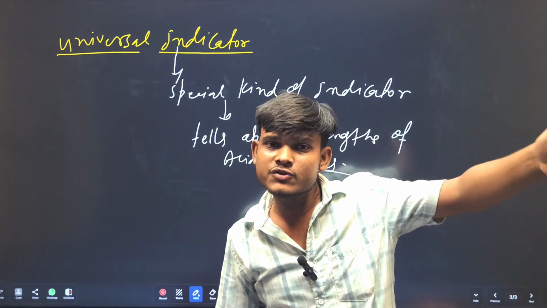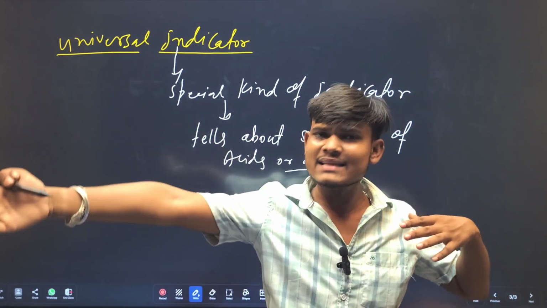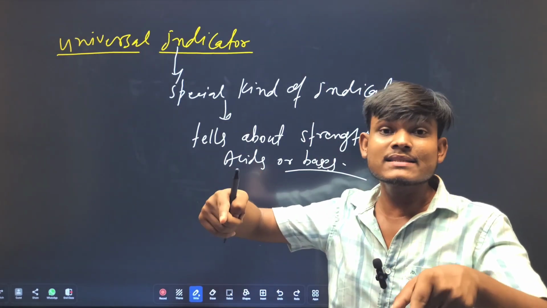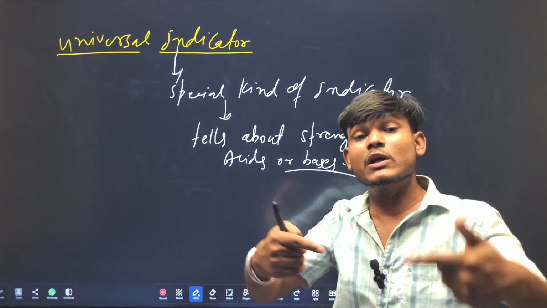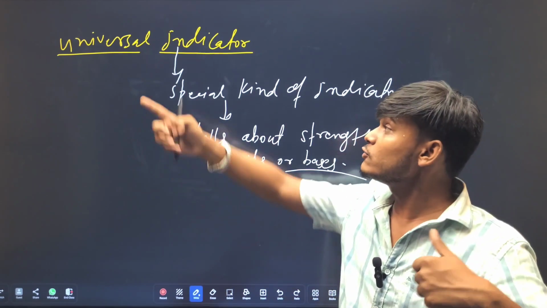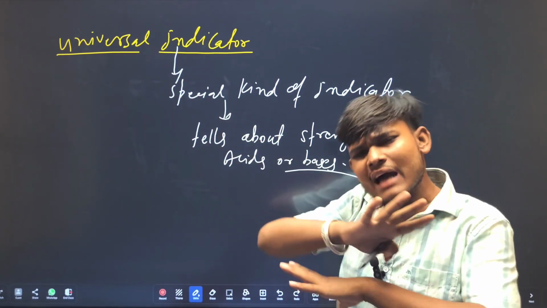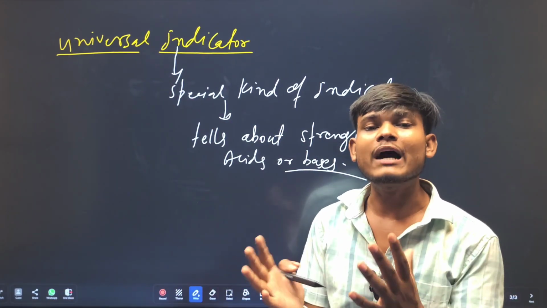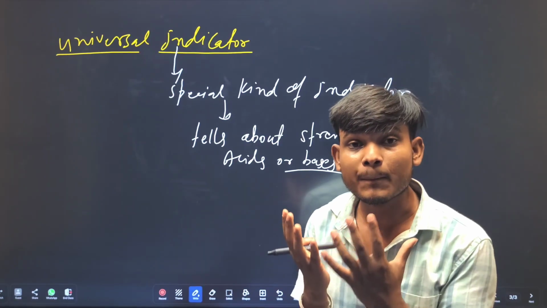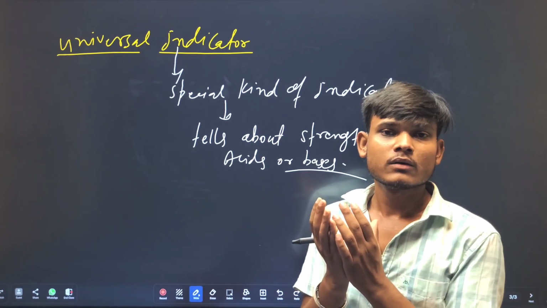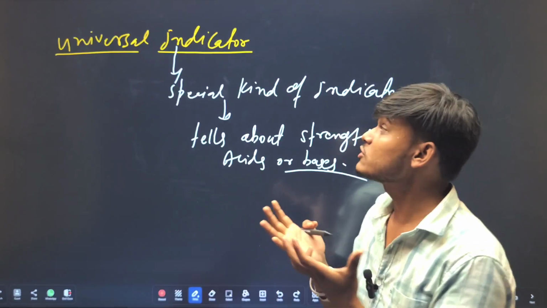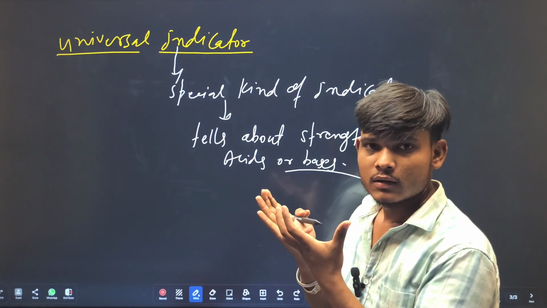Which acid is stronger and which acid is weaker. This can be calculated by using universal indicator without any mathematical calculation, without using the formula of pH value. So how will this universal indicator work?